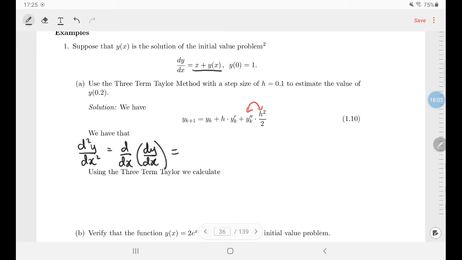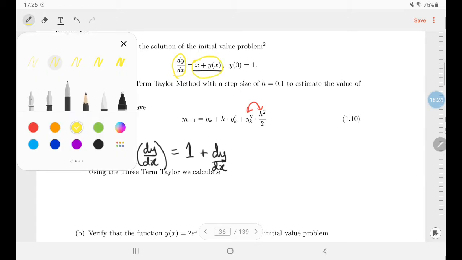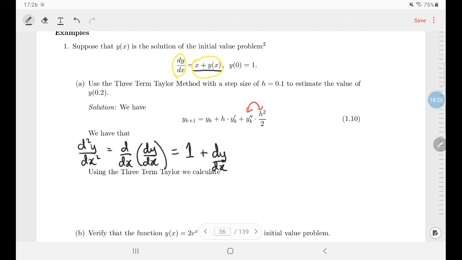So the derivative of x is 1, and the derivative of y is dy/dx. Now I've got the derivative in terms of x and y and dy/dx. Well, strictly speaking, just dy/dx, but I know dy/dx in terms of x and y. So I substitute dy/dx equal to x plus y. So the second derivative is 1 plus x plus y.